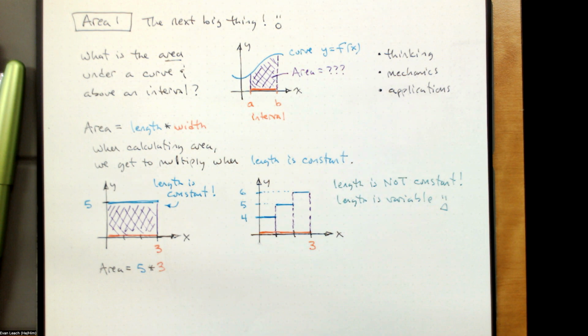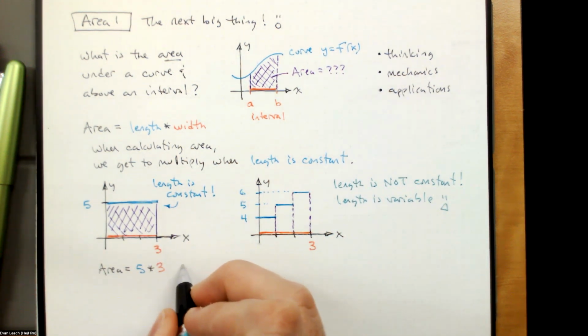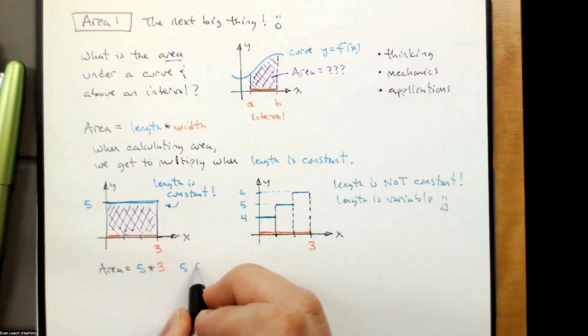Here, the length is variable, so we don't get to use multiplication. It's very clear what we do. We use addition. We don't have 3 copies of the same thing, so I can't just summarize my multiplication. I can't just say, oh, 3 5s just means 5 plus a 5 plus a 5.